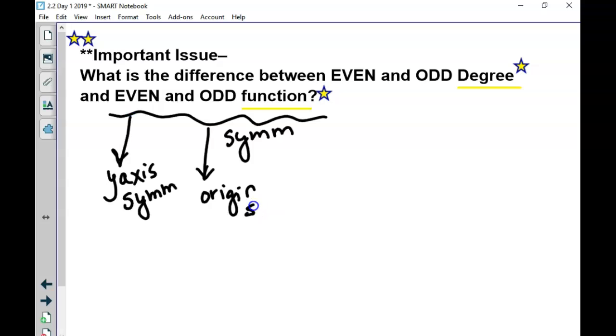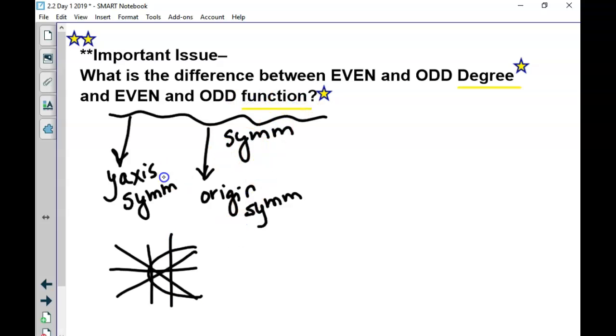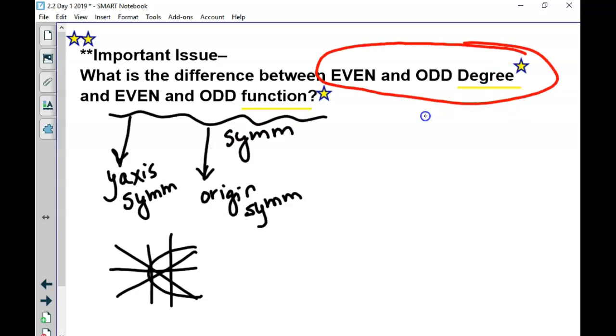Why is it not x-axis symmetry? If something had symmetry about the x-axis, would it be a function at all? No. Okay, so it's not a function if it's got x-axis symmetry. Even in a degree, though, is the highest exponent power, right?